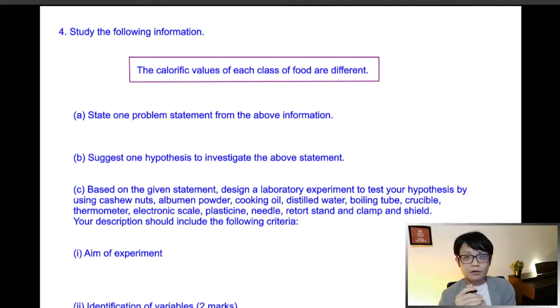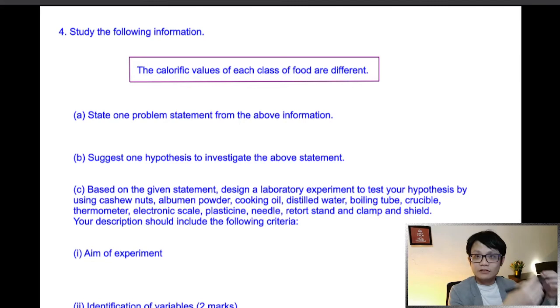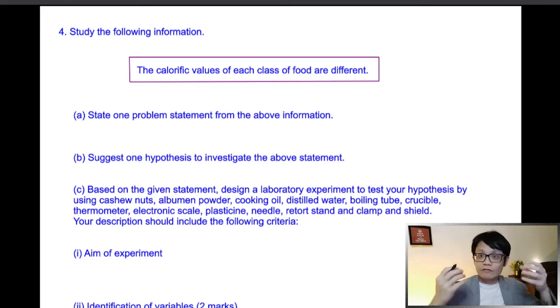For example, the problem is, I don't know whether the majority of girls like to eat peppermint chocolate or raspberry chocolate. This is the problem. So the hypothesis is girls like to eat peppermint chocolate more than raspberry. Then I can do the experiment. You get what I mean or not? So you start with a problem first.